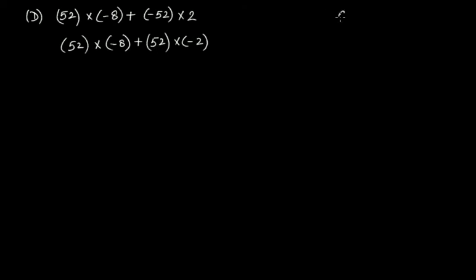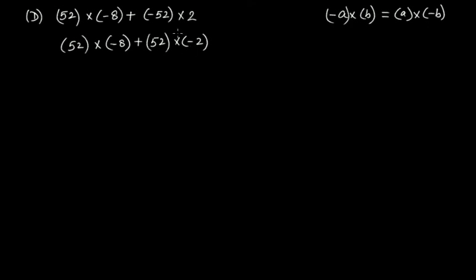That means if it's minus a times b, then this will be equal to a times minus b. There will be no difference in the answer. You can adjust your multiplication sign. Or there can be a second step.